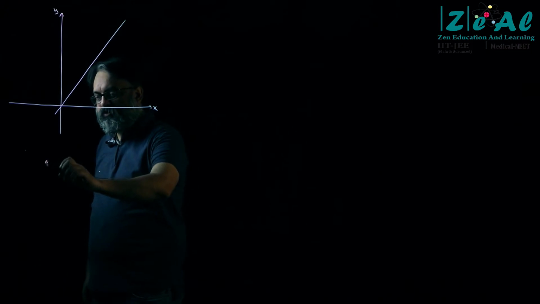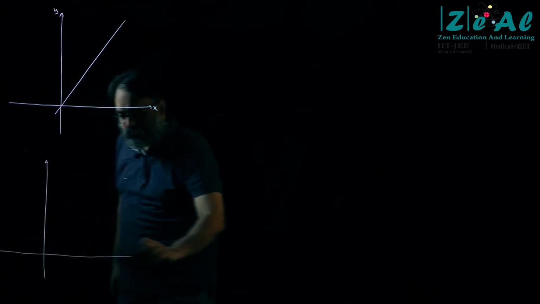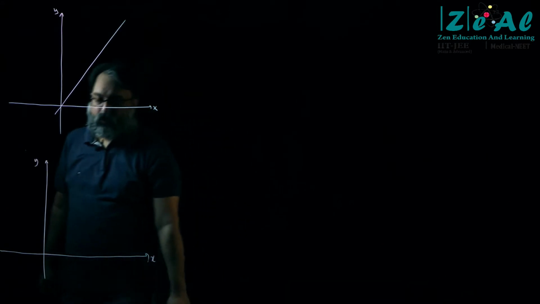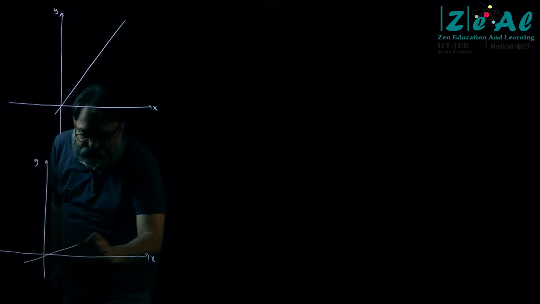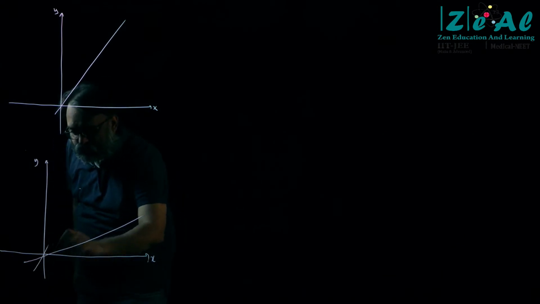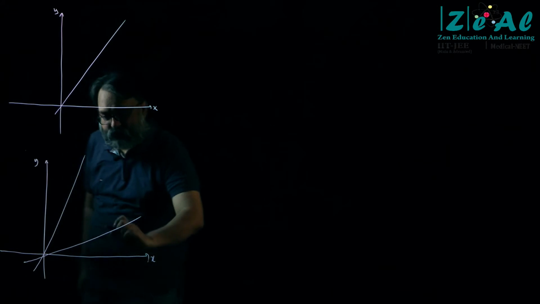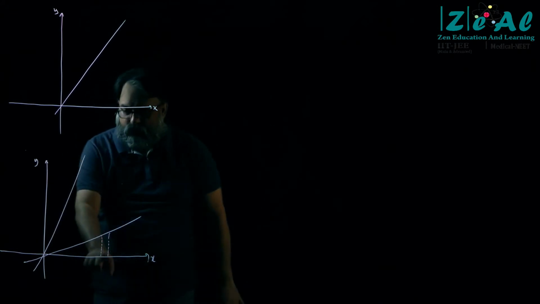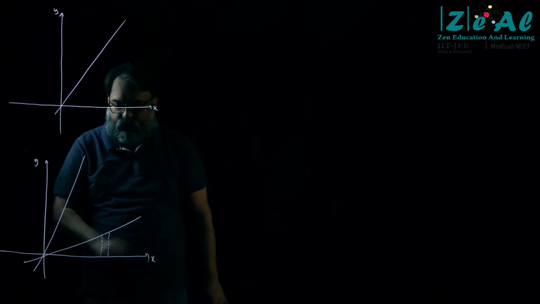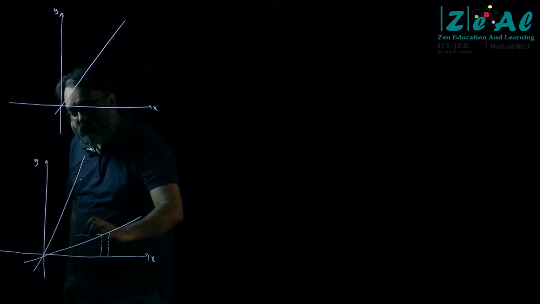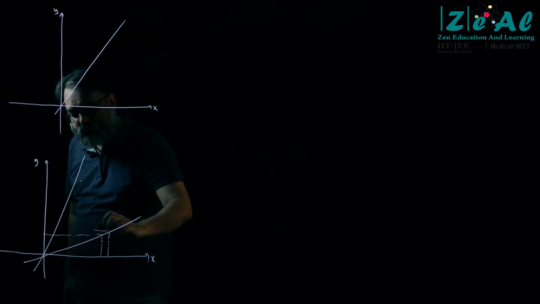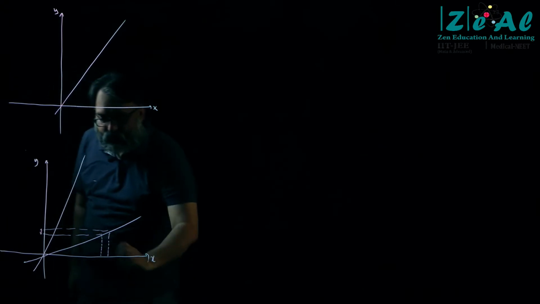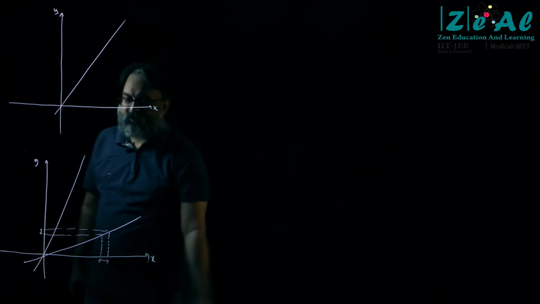So if I were to draw the x-axis and the y-axis again, and if I were to draw a straight line like this, and a straight line like this, then for this corresponding change in x, the x quantity is changing from this value to this value, the corresponding change in y happens from this value to this value. So this is the change in y, and this is the change in x.